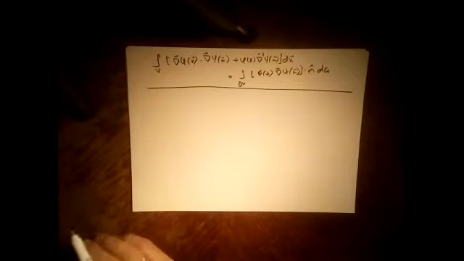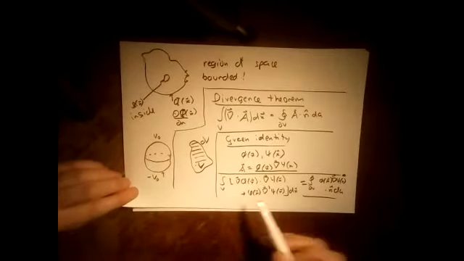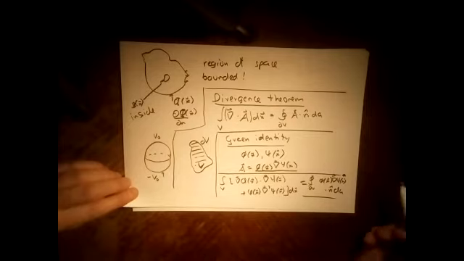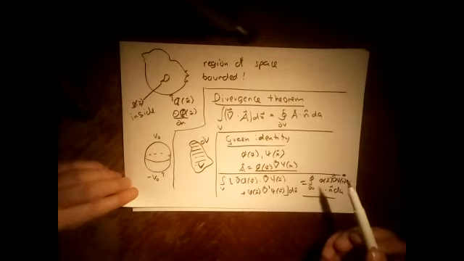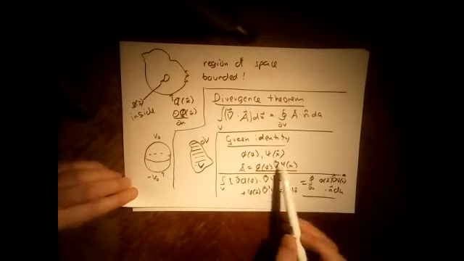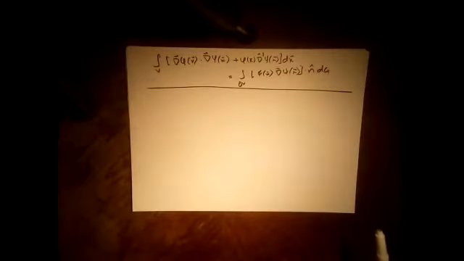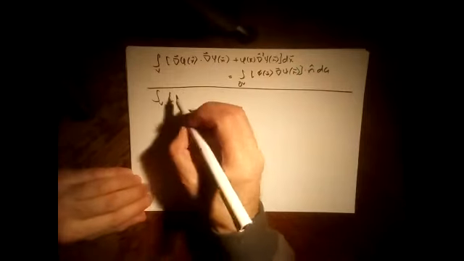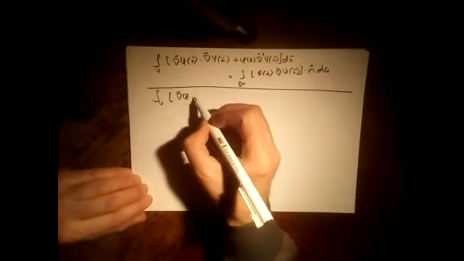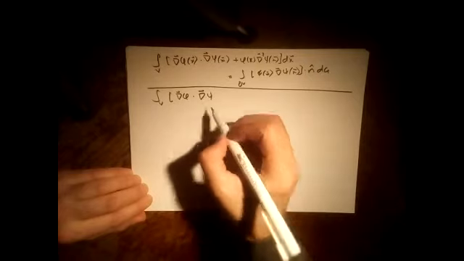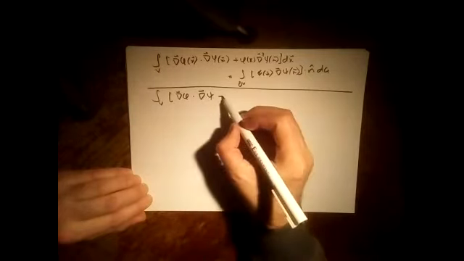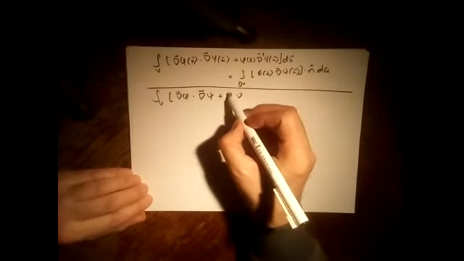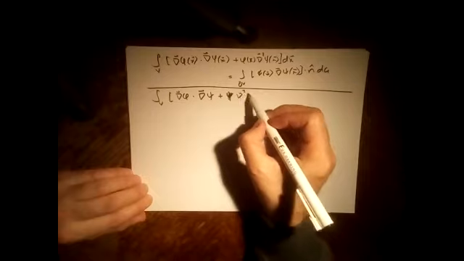If I go back to the original page, I could in principle form another vector field by doing the reverse. I can put psi in place of phi and vice versa, so my vector field would be psi gradient phi. If I had done that, I would get another similar identity. The first term is symmetric, so this would be just gradient phi dot gradient psi, plus psi Laplacian phi, and this is equal to the integral of psi gradient phi dot n dA.